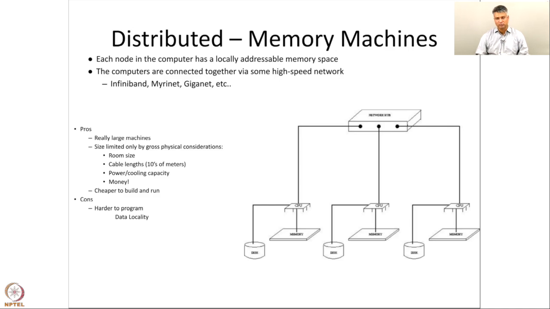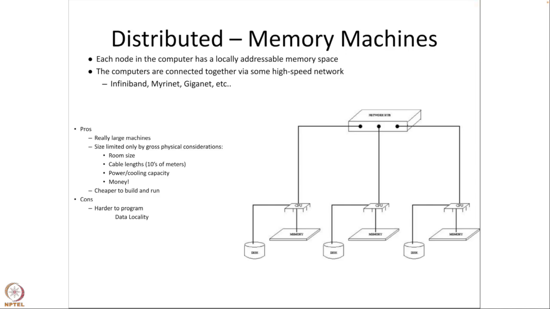These are cheaper to build because you can take commodity machines and attach them via the interconnect, and you can scale them as much as you want. Now, the immediate disadvantage is that these are harder to program, as I said, because we need to communicate any information that is not locally available. And when we split up a large program, usually large bits of the data are not available.